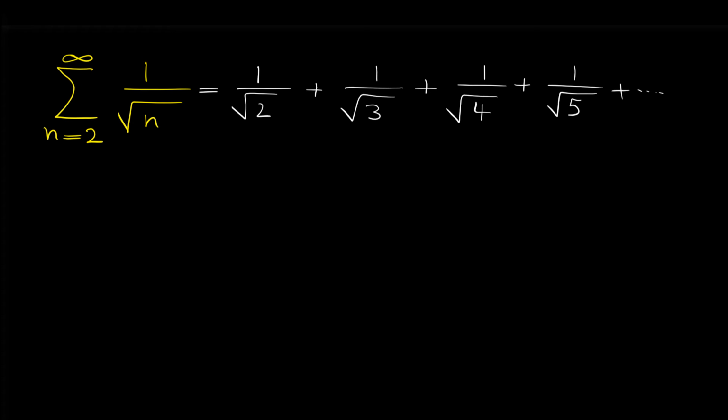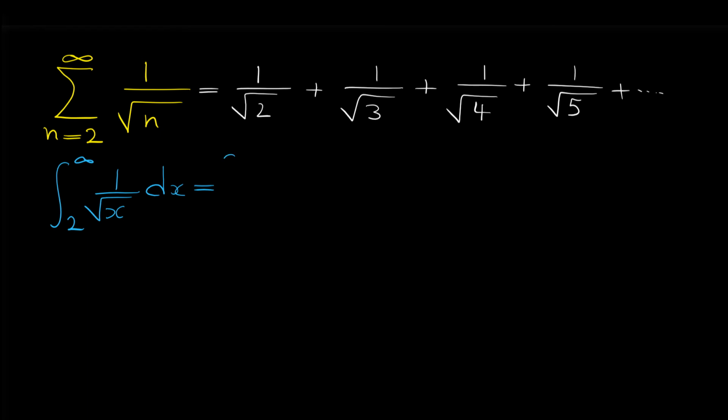The relevant integral to this series is integral from 2 to infinity. Instead of starting the integral from 1, here we start from 2 because the series also starts from 2. Integral from 2 to infinity, and the function associated to this series is 1 over square root of x dx.